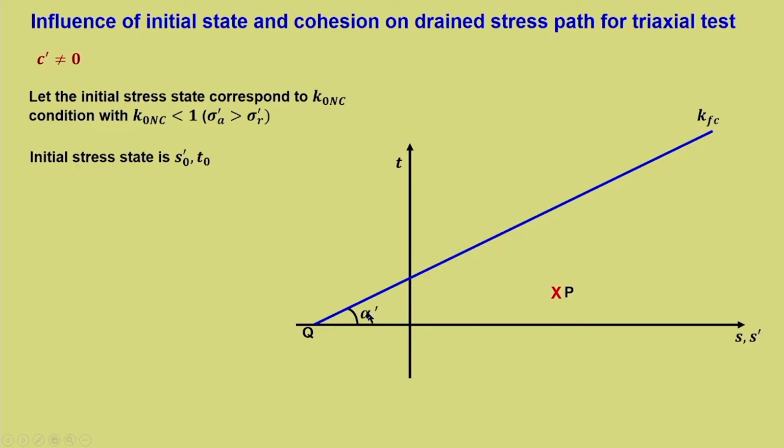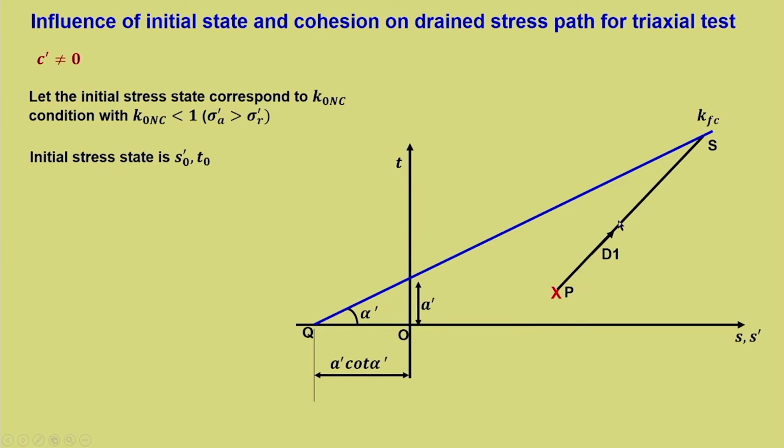So, this is the inclination alpha dash, where tan alpha dash is equal to sin phi dash, which we have already seen. This is the point Q, and this is A dash, the intercept in the TSS dash plot. Now, if this is A dash, we can write this to be A dash cot alpha dash.